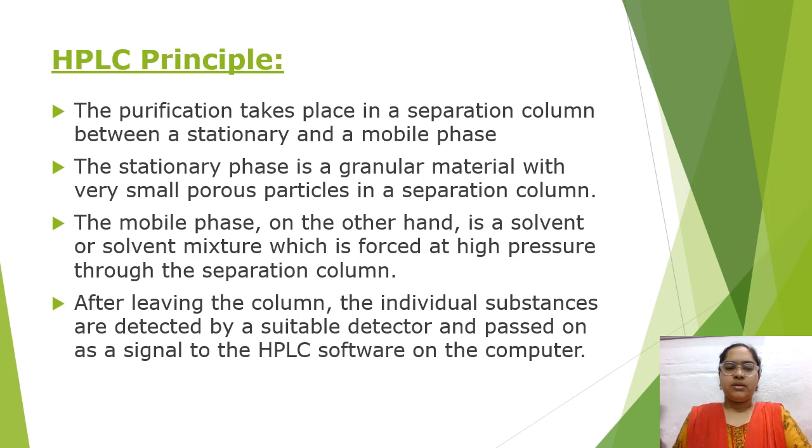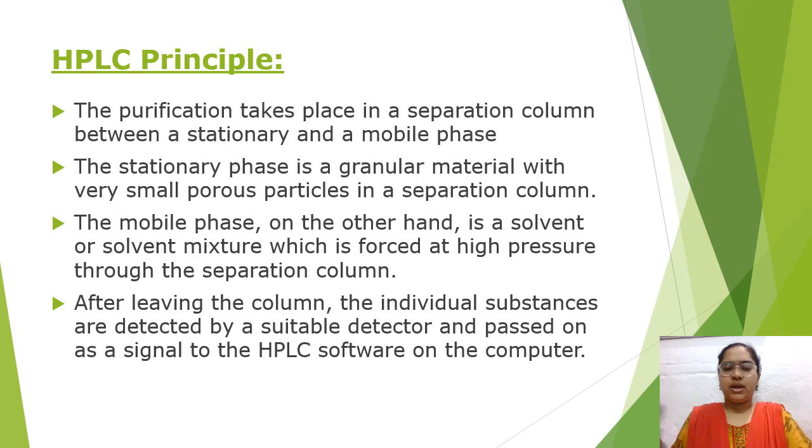So, the purification of liquid takes place in the separation column, between the stationary phase and the mobile phase. The stationary phase is a granular material with porous particles. The stationary phase stays constant.